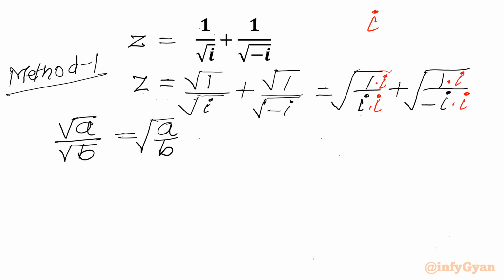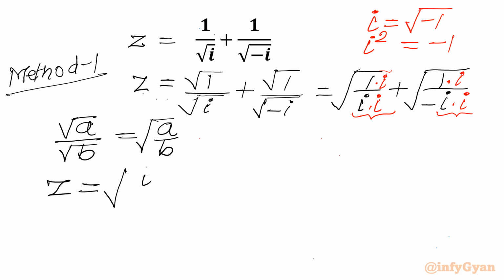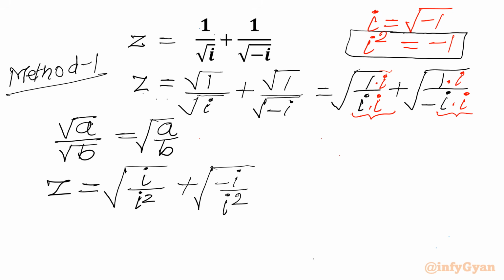Now we know that i is the square root of minus 1 and i square is negative 1. So in denominator we have i square. Let's write. So z will be equal to square root of i over i square plus square root of minus i over i square. Now we can use i square equal to minus 1 in the denominator.